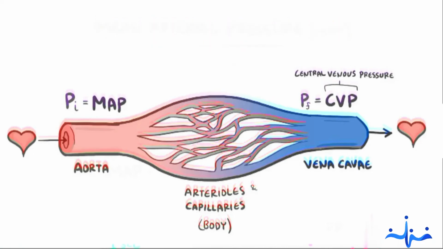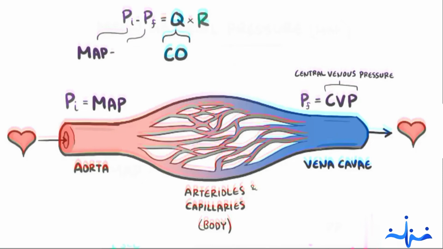Looking back at our equation, pressure initial minus pressure final equals flow rate times resistance. The flow rate is the total blood flow through all of the blood vessels and organs, which is also called the cardiac output, and is measured in liters per minute. Pressure initial is also mean arterial pressure, and pressure final is central venous pressure.